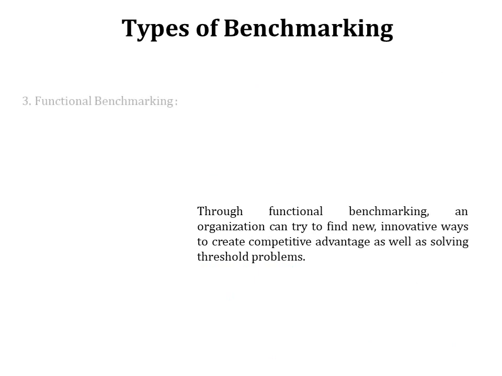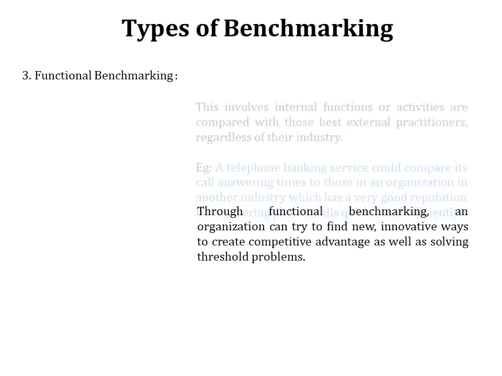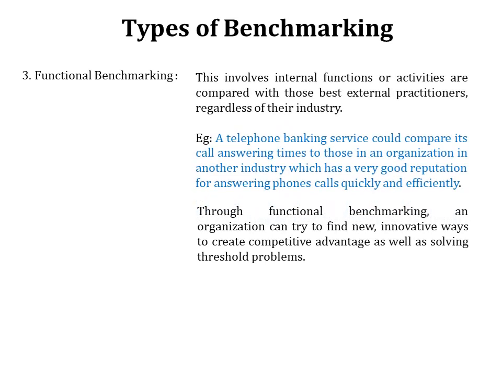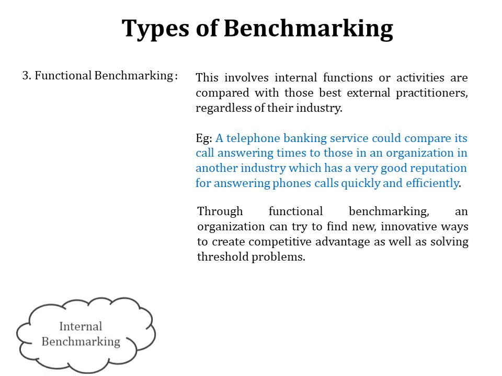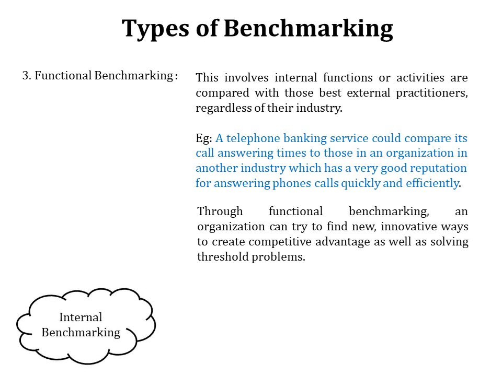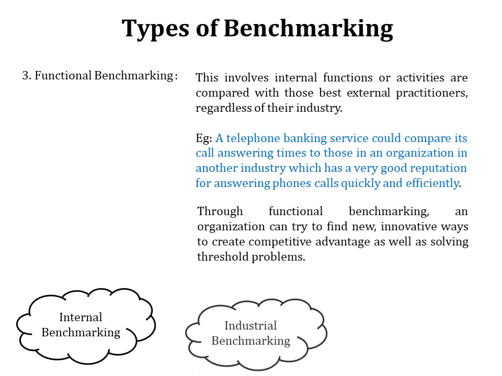The third type of benchmarking is functional benchmarking. In this approach, internal functions or activities are compared with those of the best external practitioners, regardless of their industry. Through functional benchmarking, an organization can try to find new, innovative ways to create competitive advantage as well as solving threshold problems.